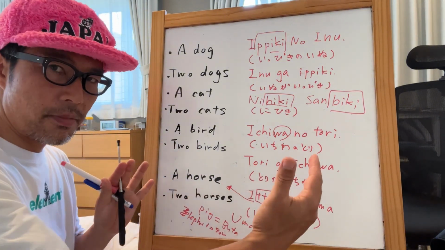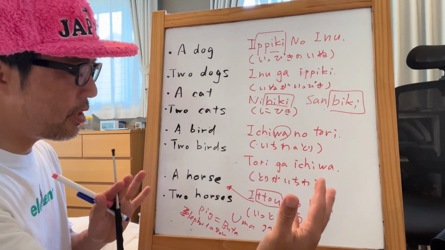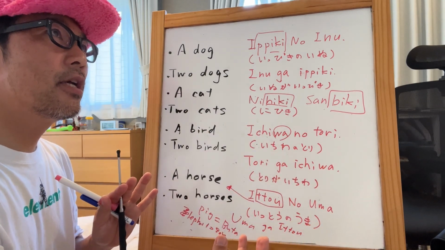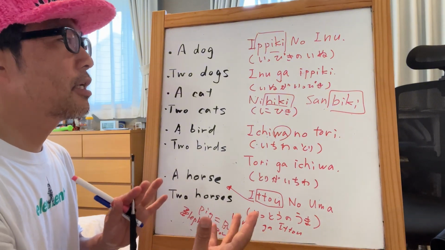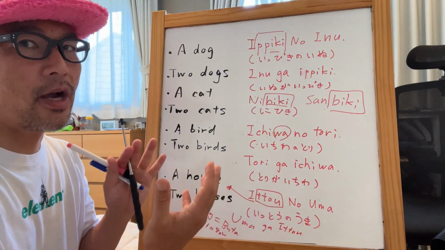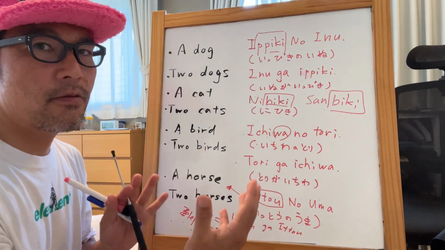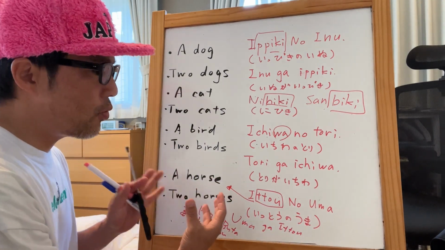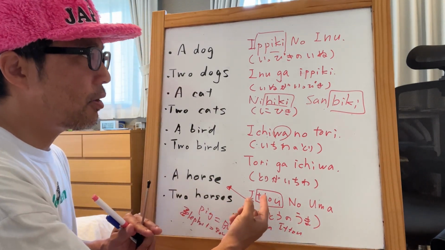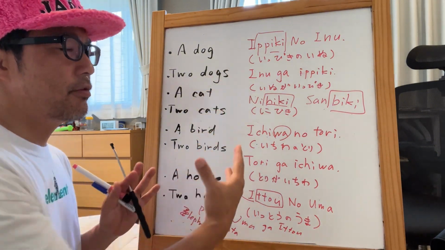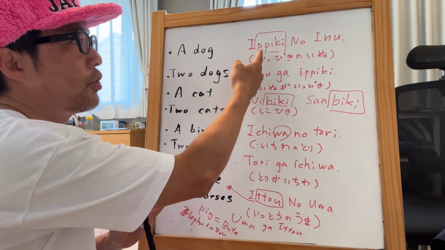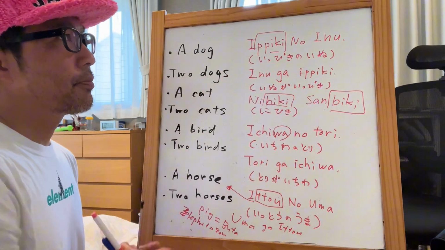A horse is big, the elephant is big, and the giraffe is big. 1頭のキリン. Yes, the big ones. If the size of the animals is big, you go with 頭. On the other hand, if the size of the animals is small, you go with hiki, piki, biki.